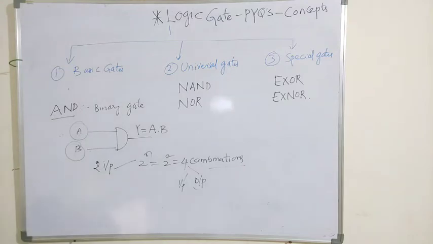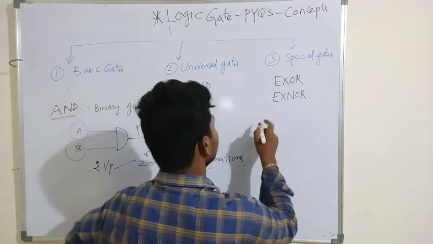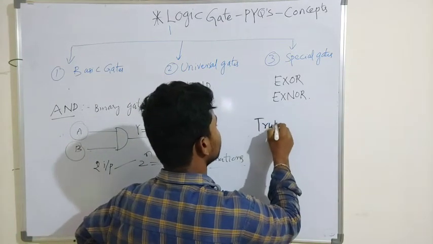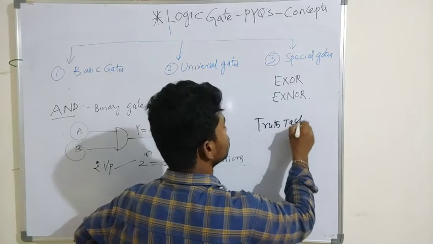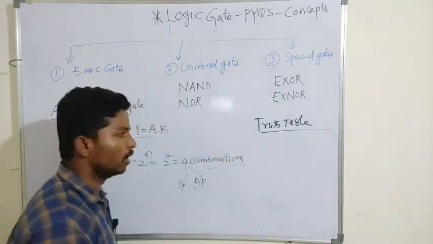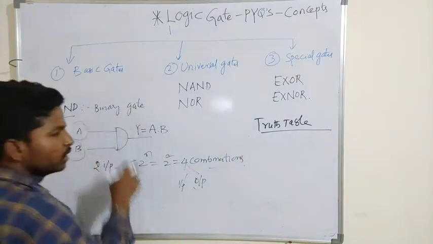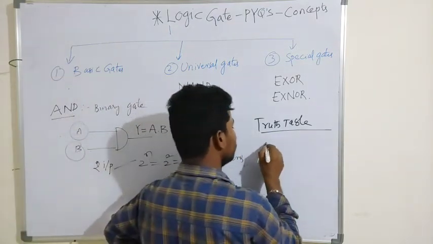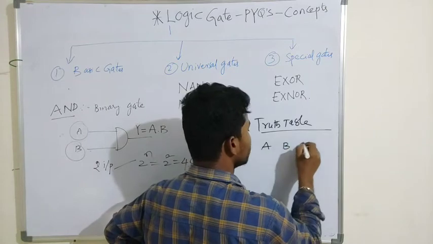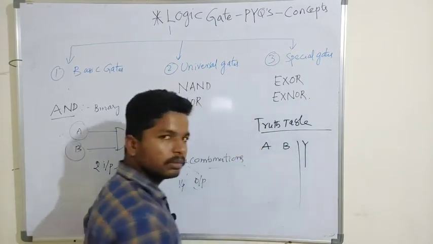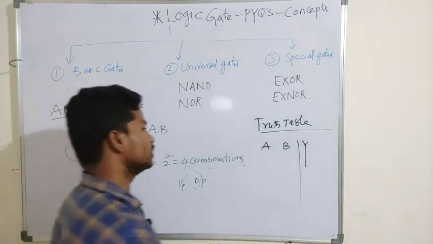Let's discuss this. We have to know the functionality of any gate, and we discuss it in terms of a truth table. It's also called a multiplication gate, so it will multiply. We have A and B as the inputs and Y as the output.